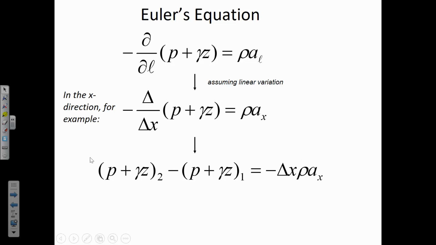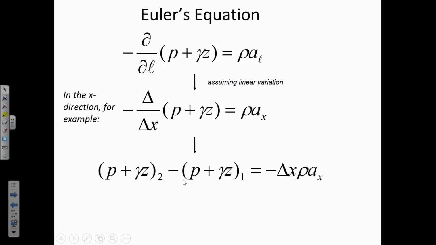So this is the version of the Euler's equation that you would start substituting pressures and distances and acceleration and densities into for problem solving. You could also rewrite that same equation in a different direction. This x was just as an illustration. We could also do it in z if we were interested in what acceleration was happening in the vertical direction.